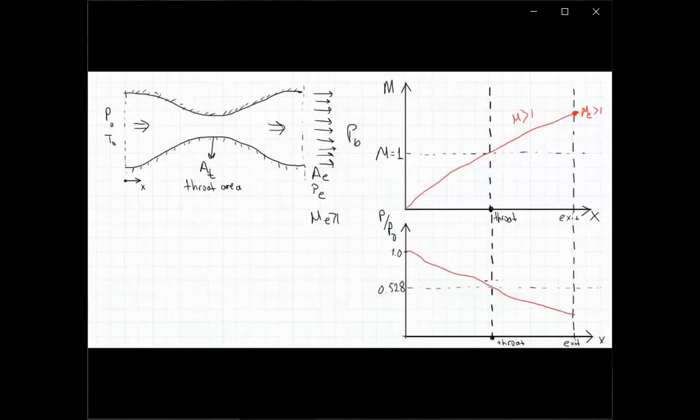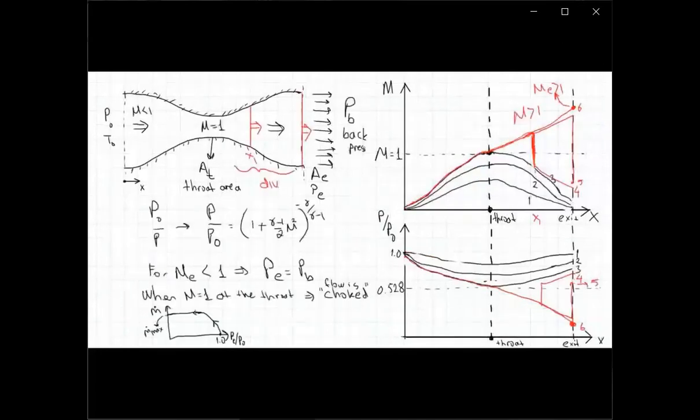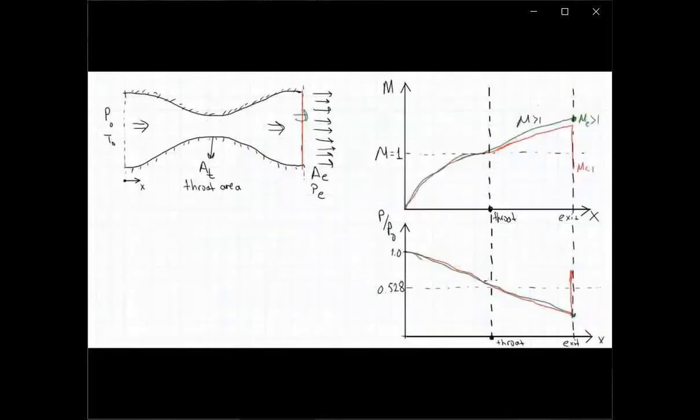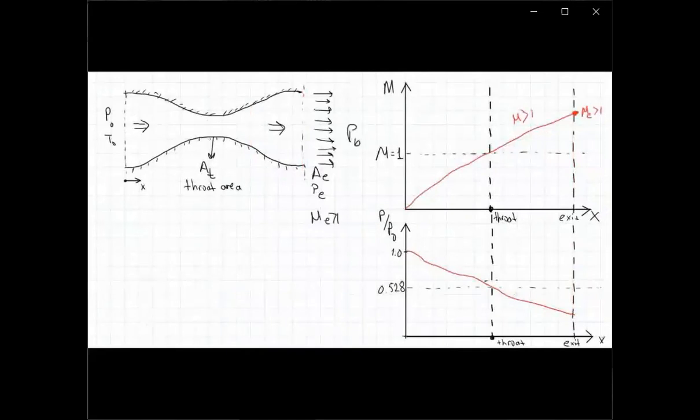In the previous pages, we said that for ME less than 1, PE will always be equal to PB. Now the story is different. When ME is greater than 1, PE can be different from PB. So the back pressure outside can be different from the static pressure of the jet right at the exit plane. If this happens, there are basically 3 different scenarios.